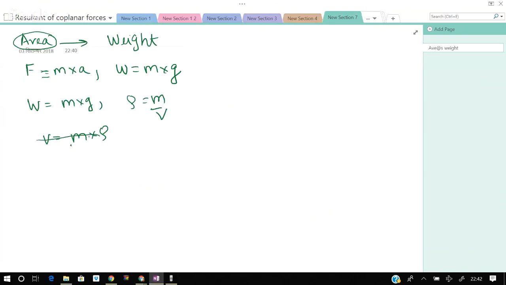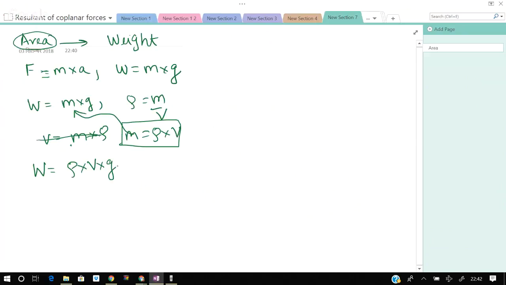So mass will be equal to density into volume. Over here we will use this definition and substitute in this equation. So we'll get weight is equal to density into volume into g.